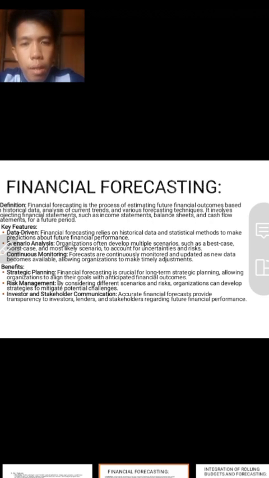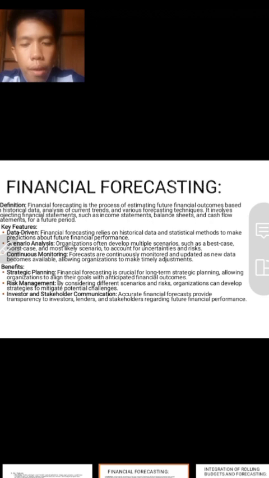Next, investors and stakeholders communication. Accurate financial forecasts provide transparency to investors, lenders, and stakeholders regarding future financial performance.